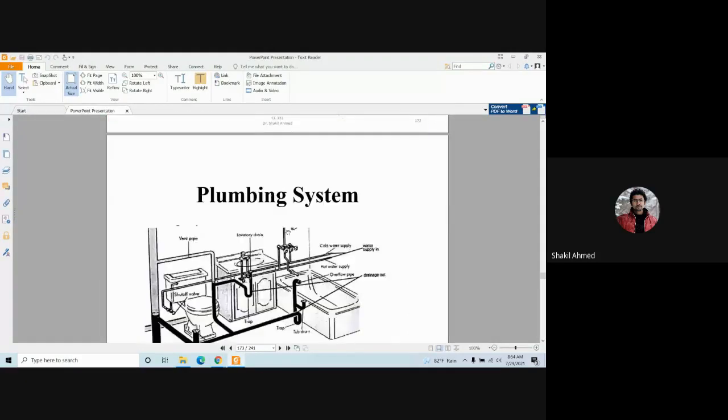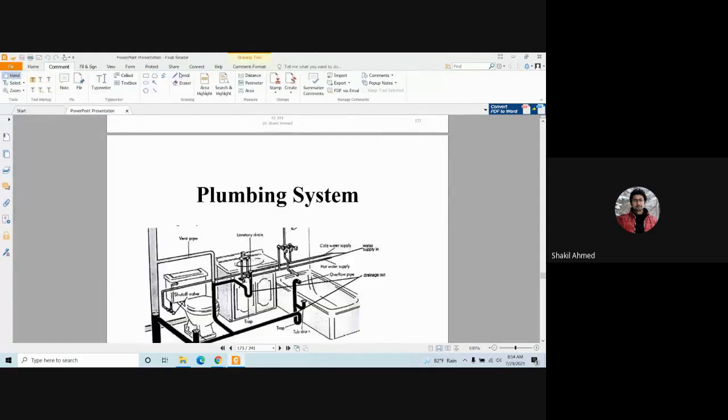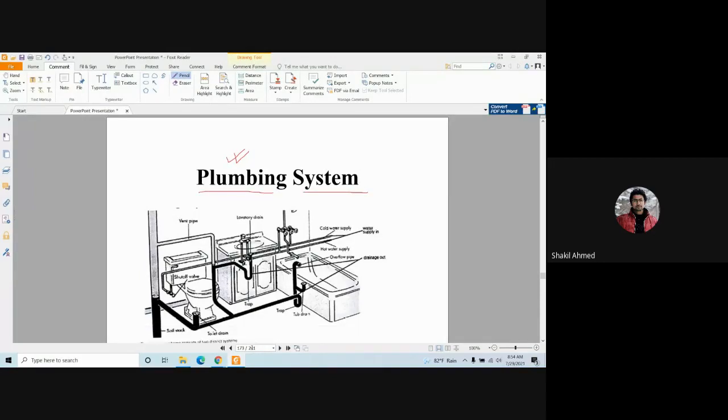So, today we will start from the plumbing system. What is a plumbing system?